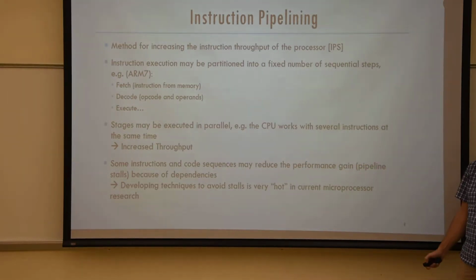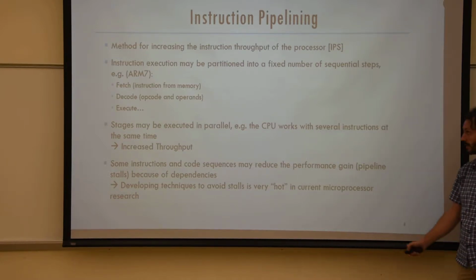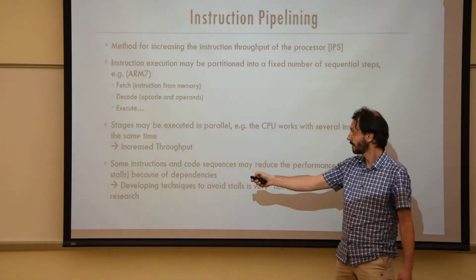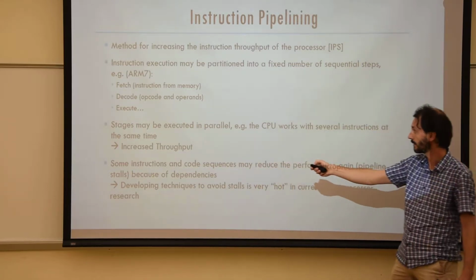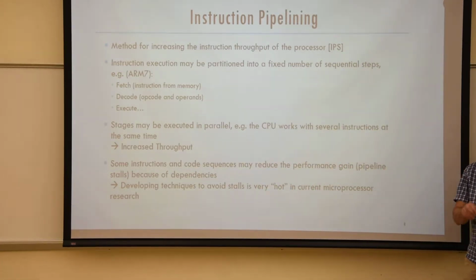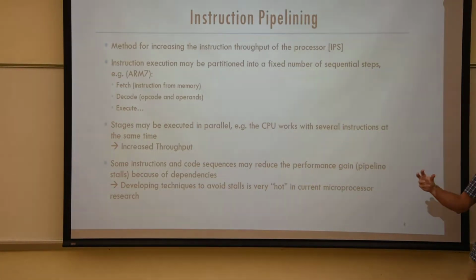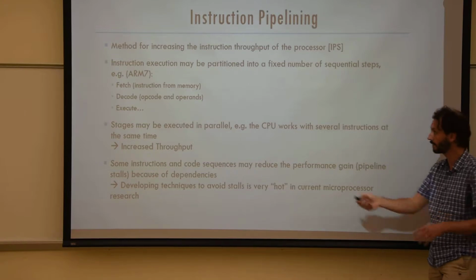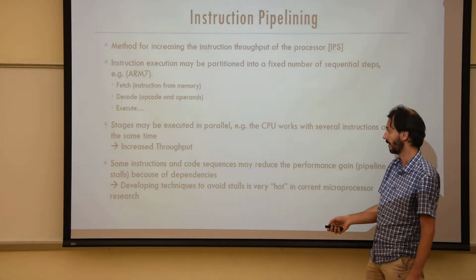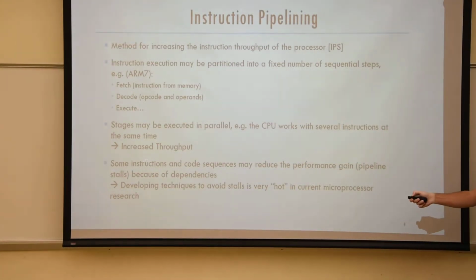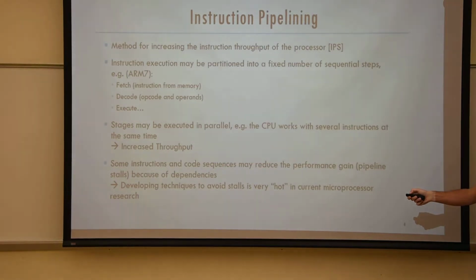So you need to get the register values that contain the values that you may want to add together, and then put them back into the register and so forth. These stages can be executed in parallel, so each of them has a separate piece of independent hardware, and so you have a pipeline of how an instruction is being executed. You first do the fetching and the decoding and so on. That will lead to increased throughput.